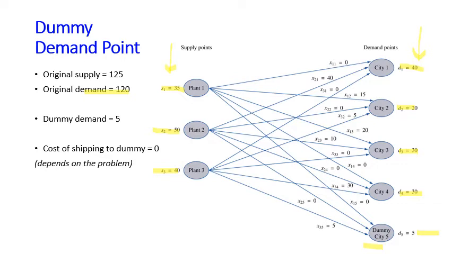If there is a penalty because we have more capacity than we need in the supply points, then maybe that penalty can be used to reflect the cost. But if it's okay to have more supply than demand and there's no consequence from the cost side, then you can just say that the cost of shipping from any plant to the dummy point equals 0. But again, be careful, this really depends on the problem that you are facing.